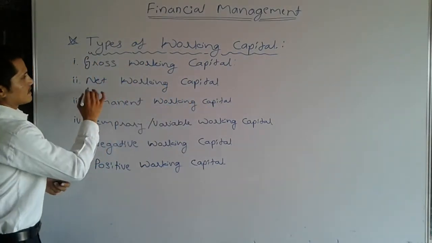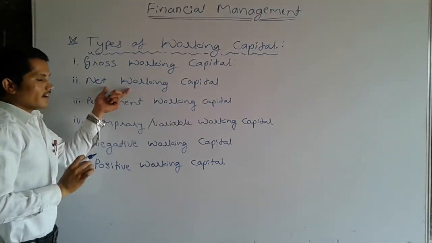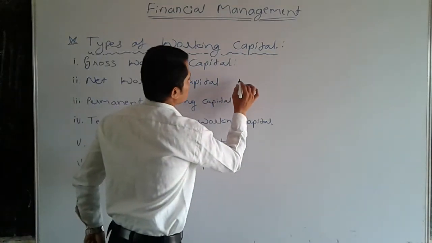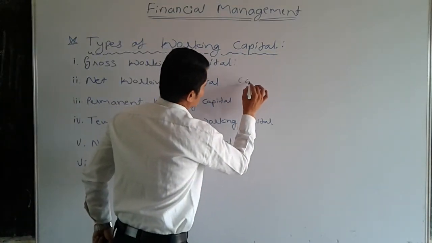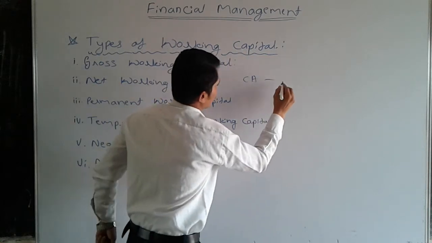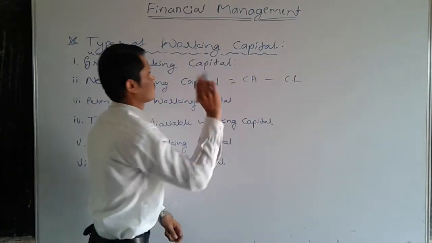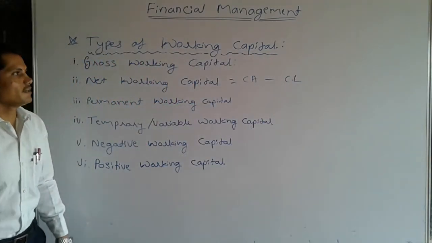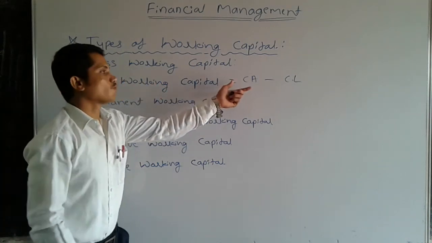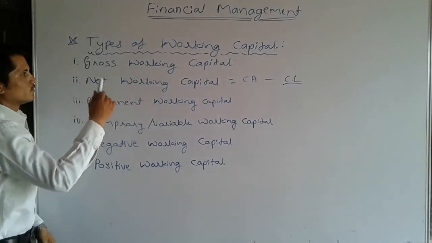The second one is net working capital. It arises when current assets minus current liabilities. That means current assets over current liabilities is known as net working capital.